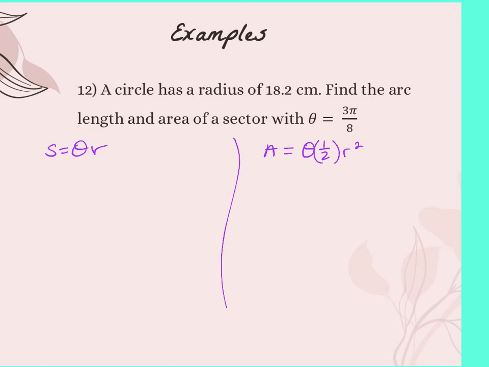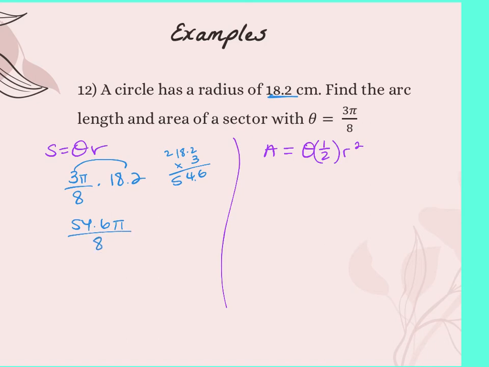Okay, so first you have to make sure that theta is in radians. Is your theta in radians? Yes, so that part's done. All I have to do is multiply it times the radius for the arc length, so 3 pi over 8 times 18.2. Without a calculator, I would just multiply out the numerators, so I would do 18.2 times 3, 54.6 pi over 8.